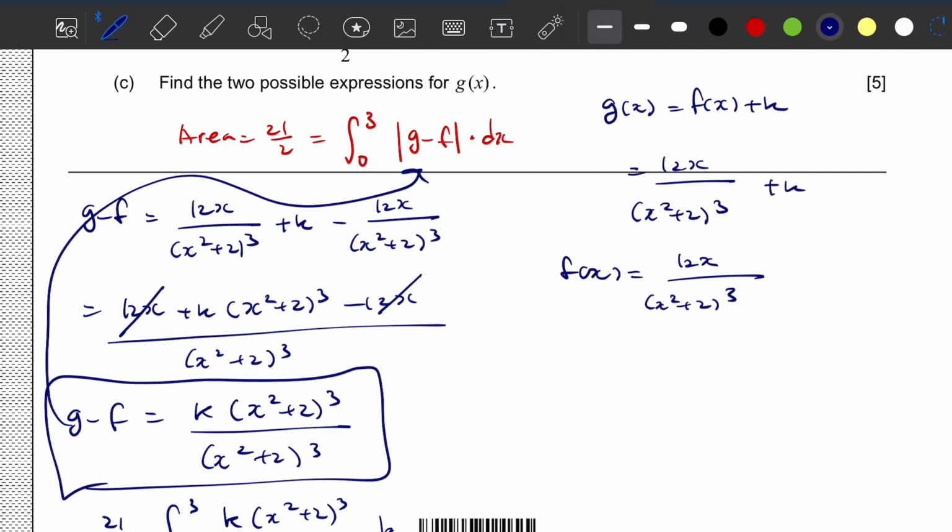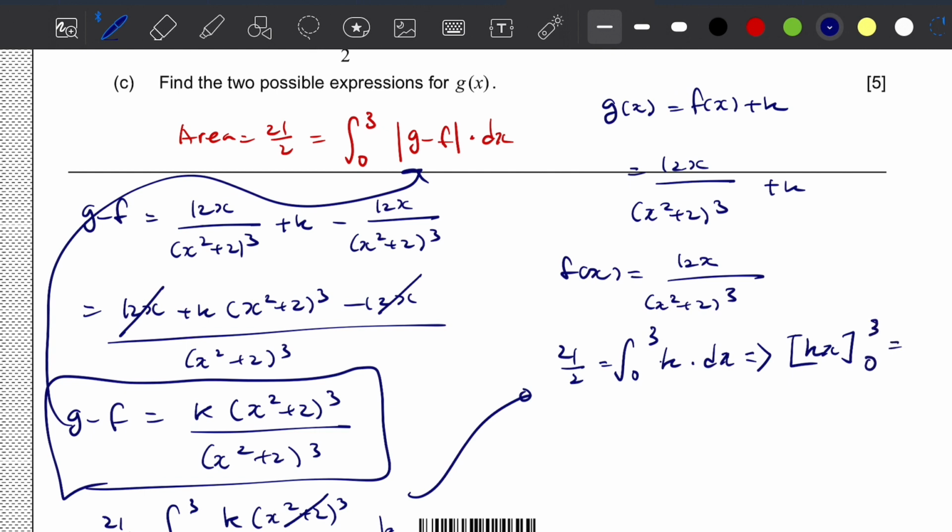Okay, then this gets simplified. Then this is the same as 21 over 2 equals the integral from 0 to 3 of k dx, which is the same as kx, with the range from 0 to 3, equal to 21 over 2.